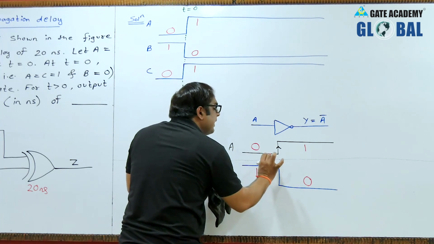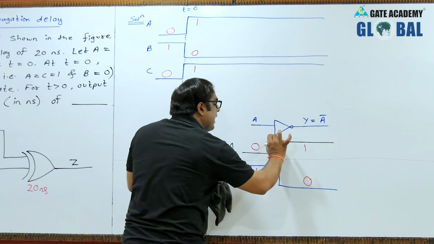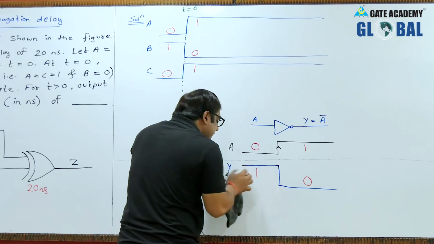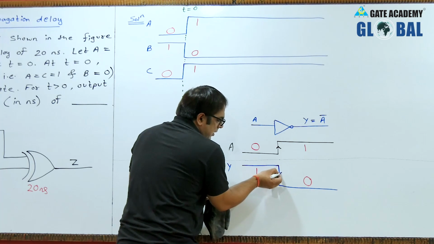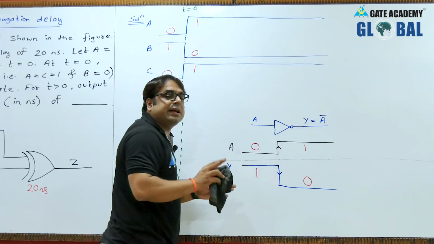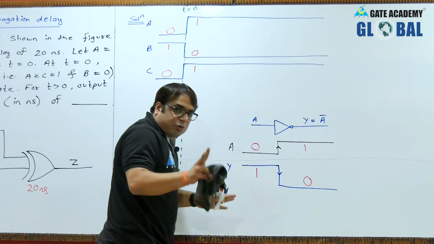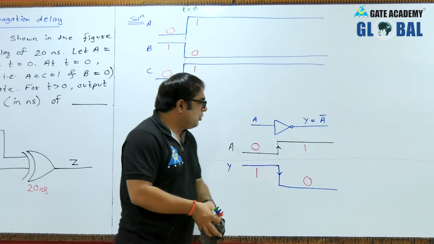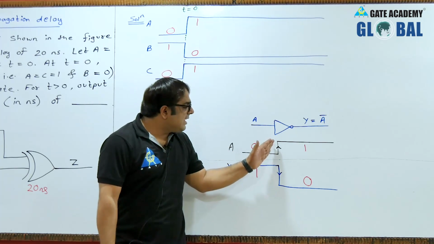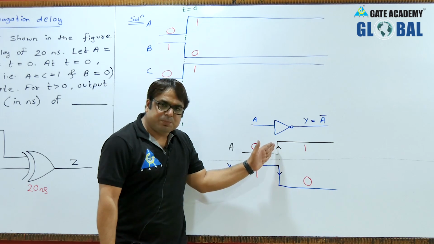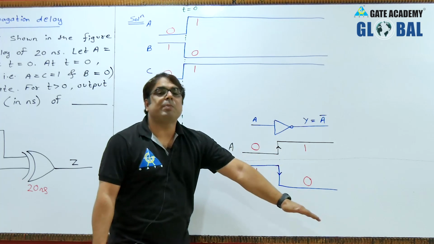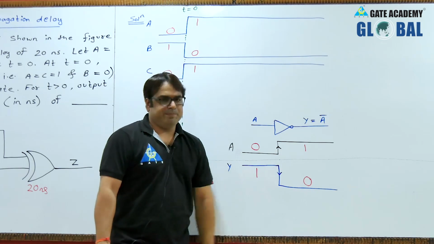So input was taking a transition from logic low to logic high, and so the output will take a transition from logic high to logic low. But this is the ideal case when no propagation delay is given to me. But what I was trying to tell you, this does not happen in a practical situation. Whatever changes you are trying to make in the input are not immediately reflected in the output at the same moment, they take some amount of time.